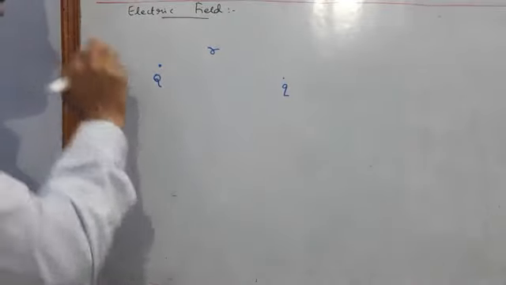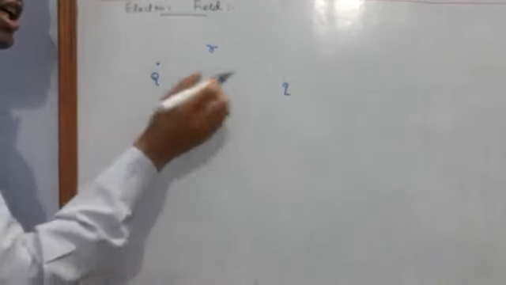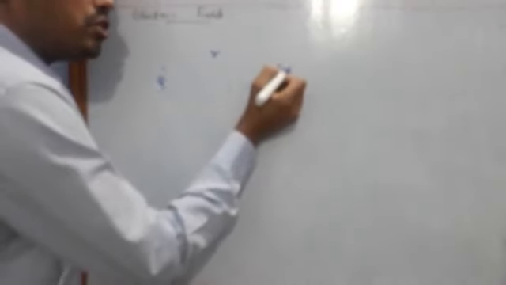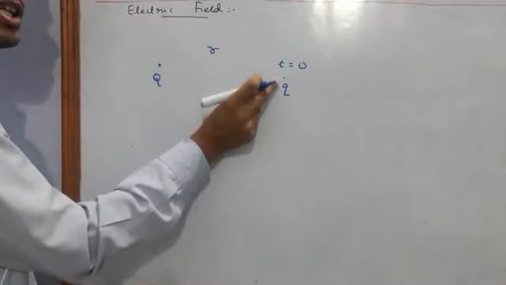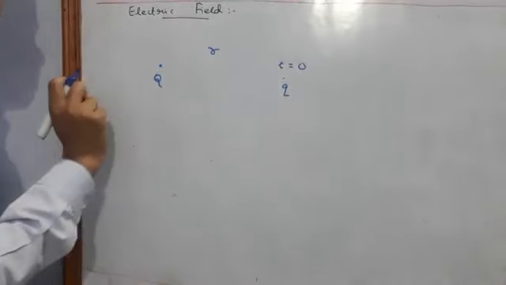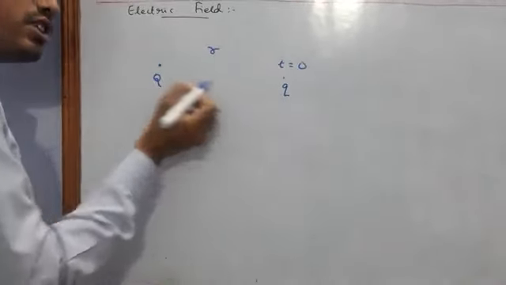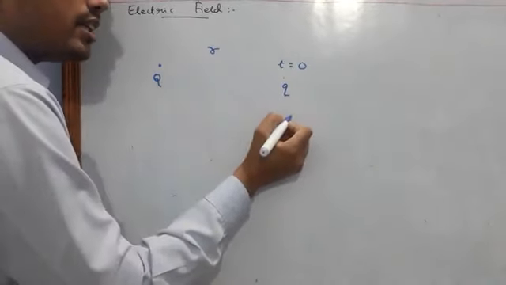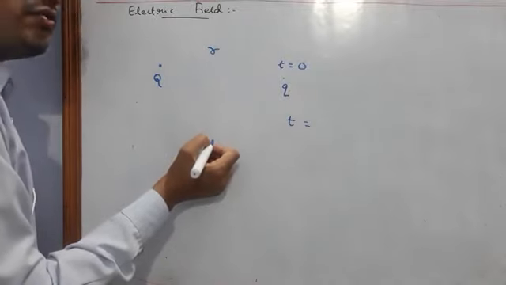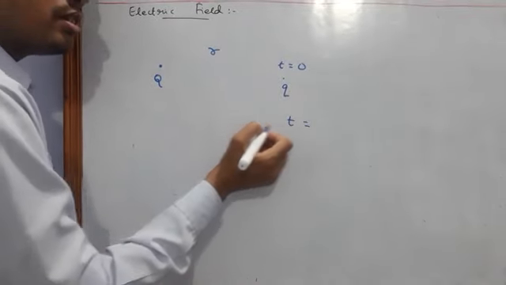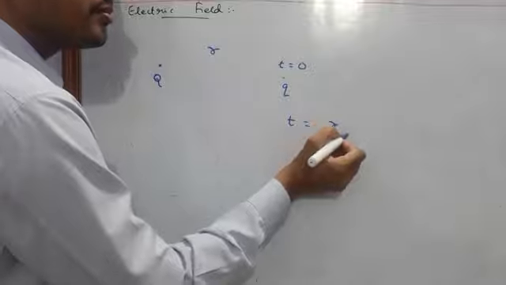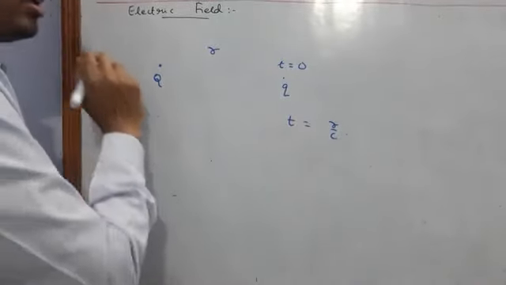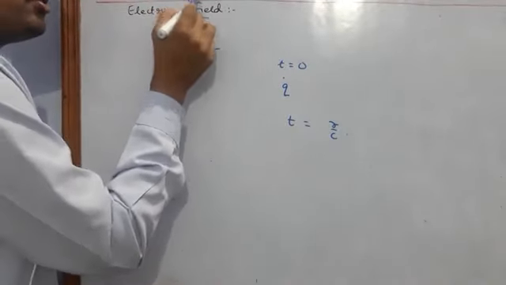What I mean when I say the force is not instantaneous: if I bring this charge q at time t equal to 0, when I place this charge at this point, it will experience force due to this charge after a time t which will be equal to r by c. Now this is very important. And here comes the concept of field.